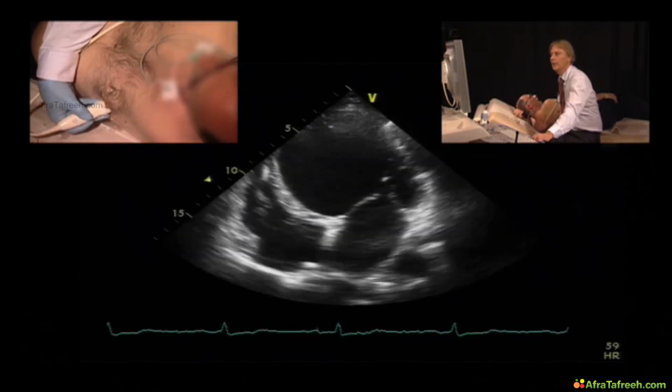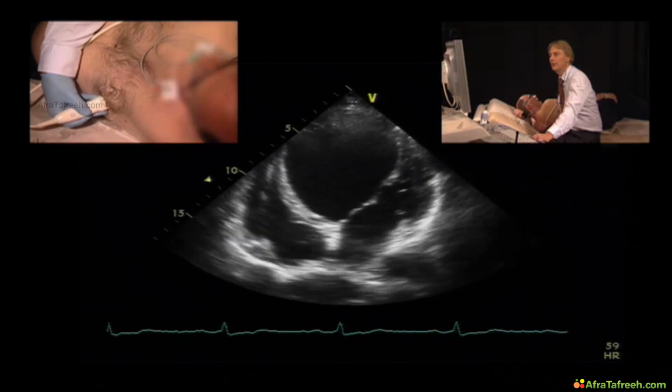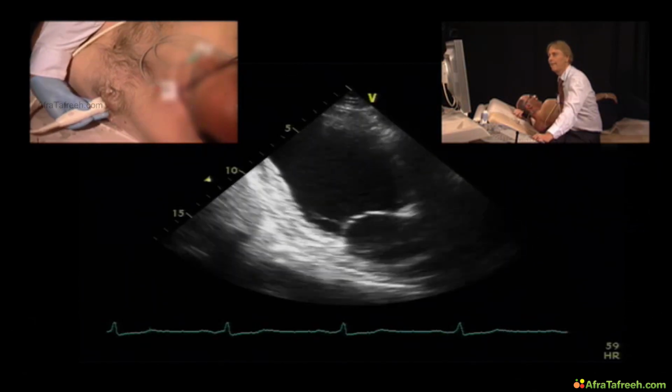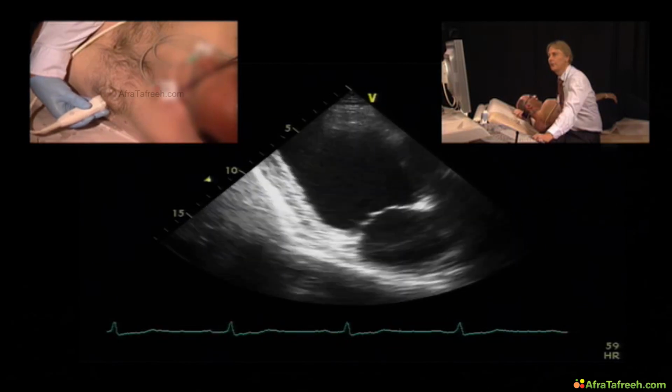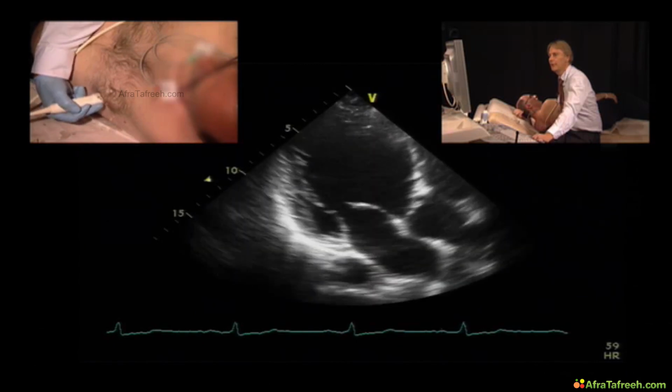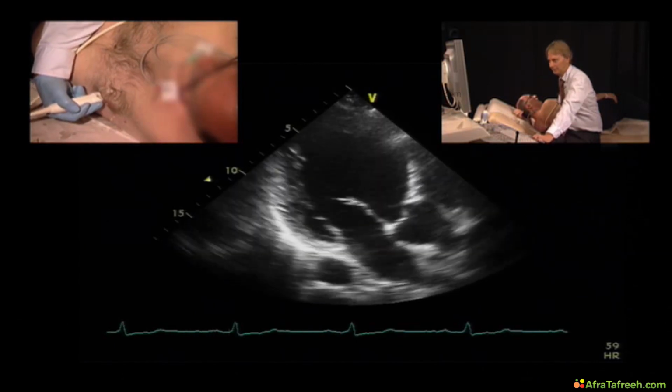I think it's quite apparent if you look at left ventricular function that it is significantly reduced. This is also true in the 2-chamber view and also in the apical long axis view.